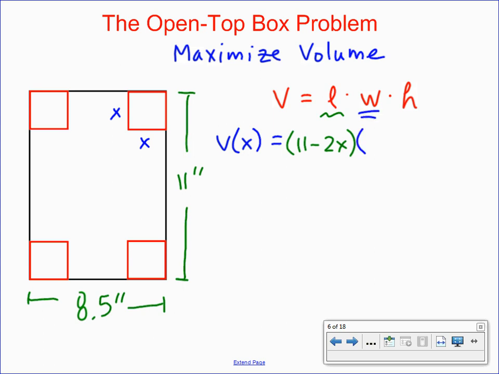In the same way, my width W started out at 8.5 inches, and then we took off 2 of the squares, so we'd be left with 8.5 minus 2x. And then lastly, the height H. What's the height H of the box going to be?